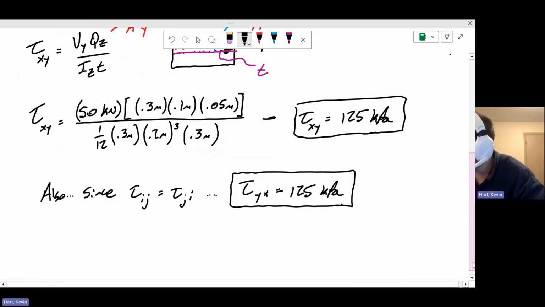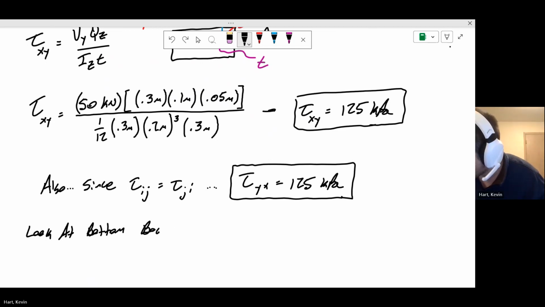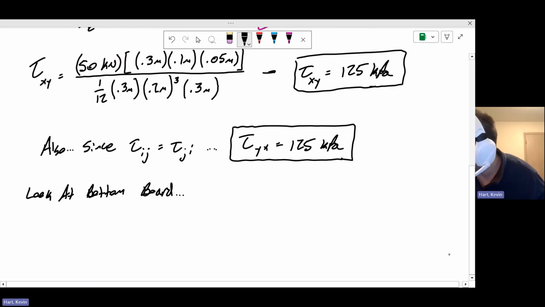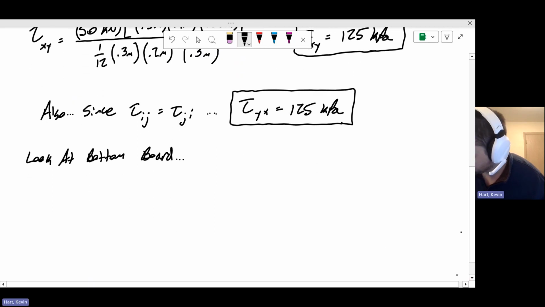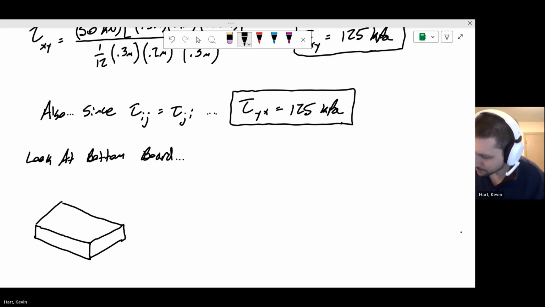So if you were to think about this, if you just look at the bottom board, you would see kind of a bottom board by itself. That tau yx is this shear stress here.